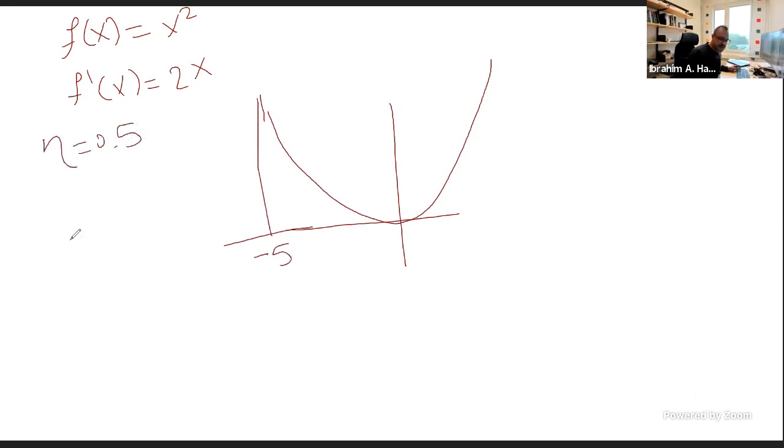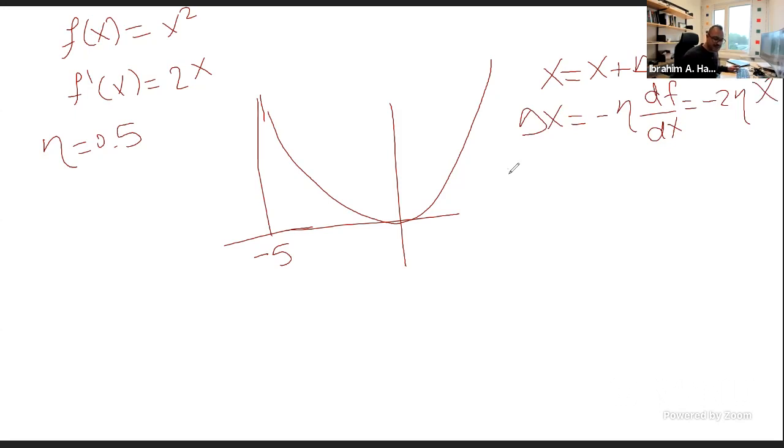So the equation which we will use for solving this problem using gradient descent is x equal x plus delta x, and delta x equal minus eta multiplied by df by dx, which is 2x. So this one will be -2 times learning rate multiplied by x.